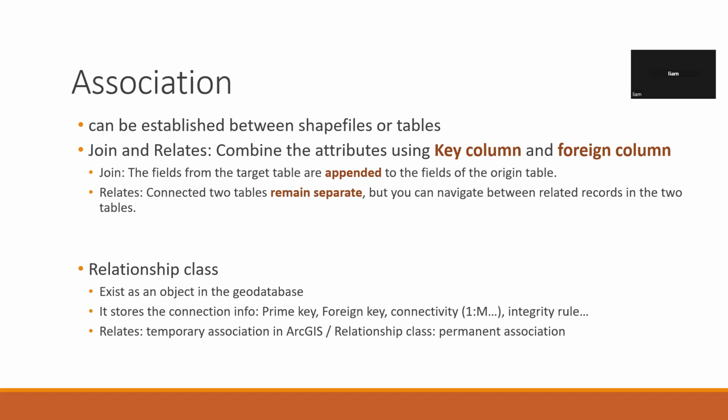But if you make a relationship class between two geodatabase tables, then the relationship will linger even if you close ArcPro. It stores the connection information, primary key, foreign key, connectivity information, and integrity rules if you set them.